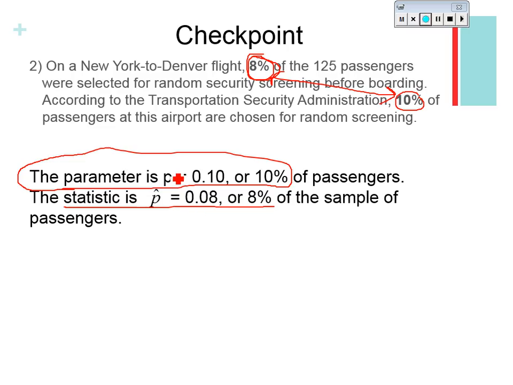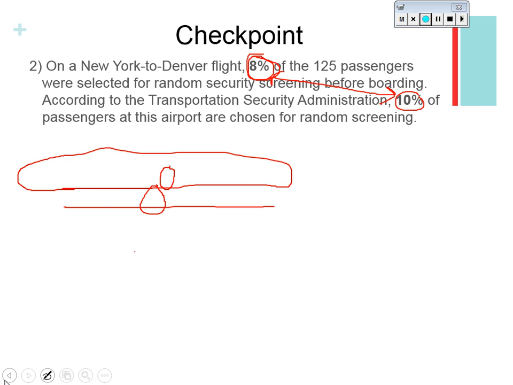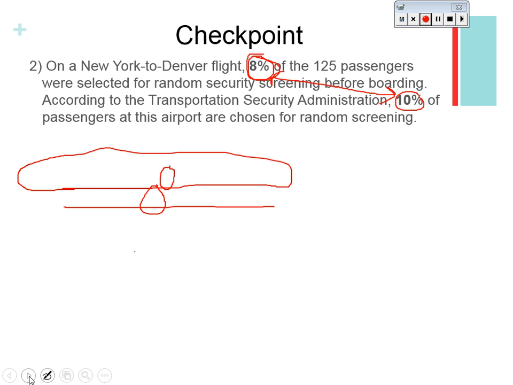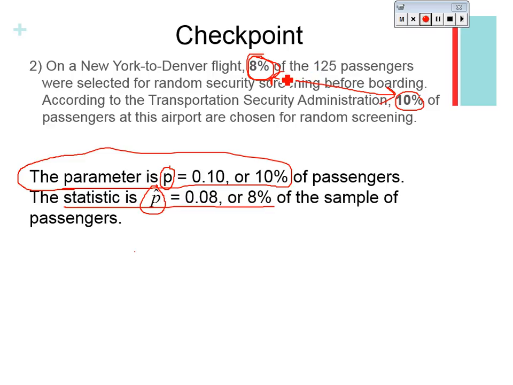So note here, because we're talking about categorical data, for the parameter I'm going to use the value of p, and for the statistic, I'm going to use p hat. So just keep in mind that whenever you're doing parameters and statistics and talking notation, make sure that you're using the appropriate notations. That's mu and x bar when we're talking about questions that involve quantitative data, and that's p and p hat for questions like this when we're talking about data that's categorical.